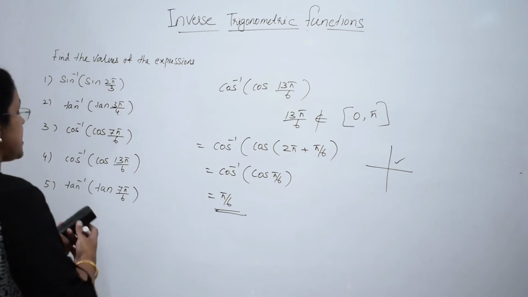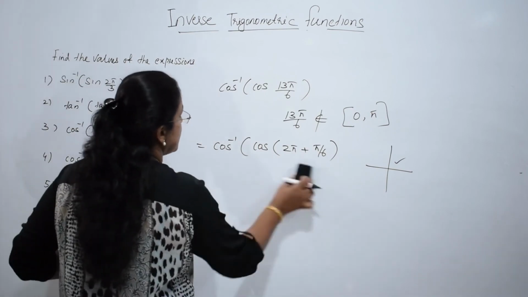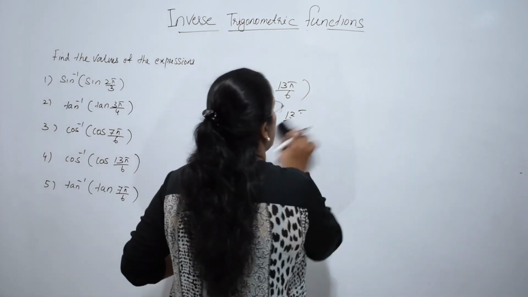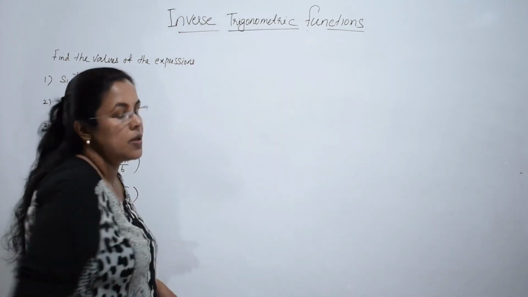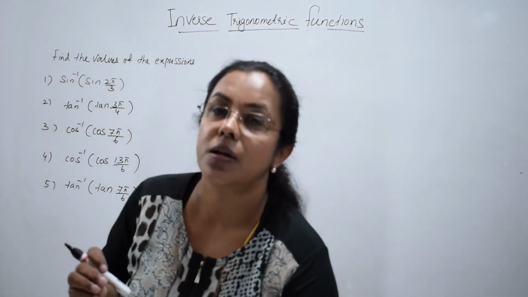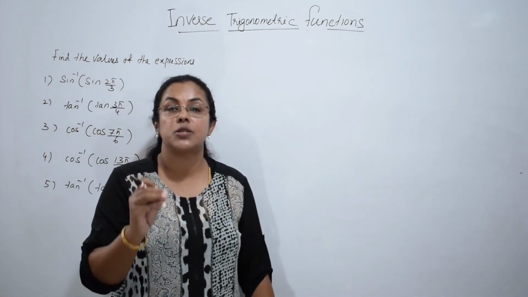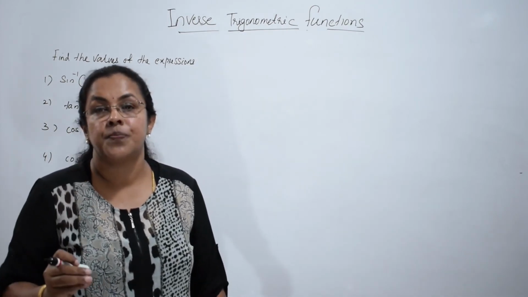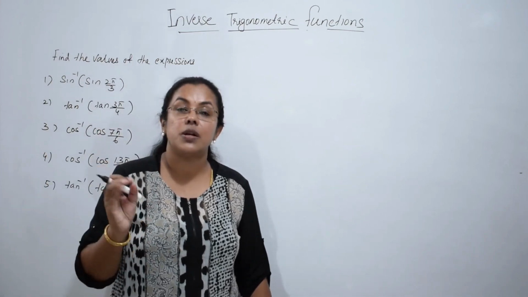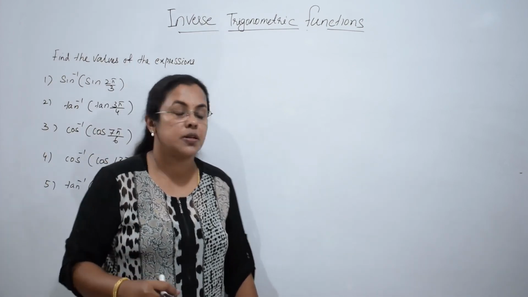Tan inverse tan 7 pi by 6. Hope all of you are clear with the concept of trigonometry in class 11. This is based on class 11 trigonometry. You must have a thorough knowledge of class 11 trigonometry.